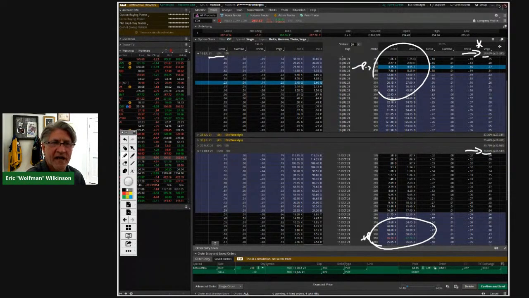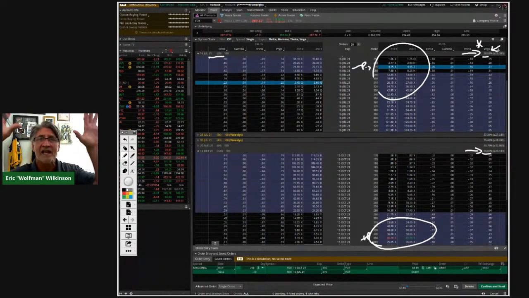Because the volatility has jacked these up more, all right? So anytime you're looking at the closer duration options and they have more volatility in them, that is a perfect scenario because I'm selling high and then way out, I'm buying cheap premium, all right? So that's a perfect scenario.